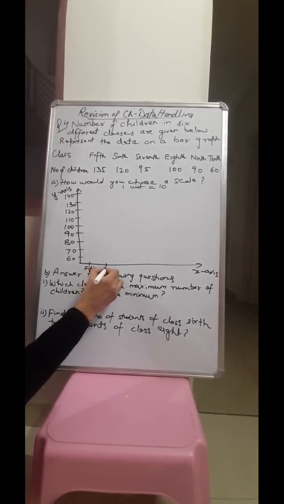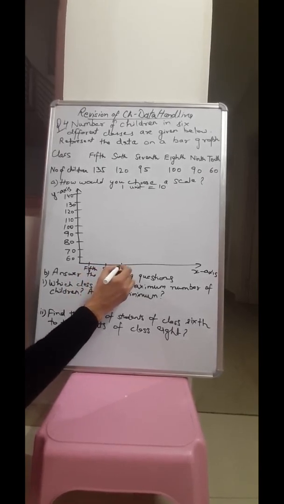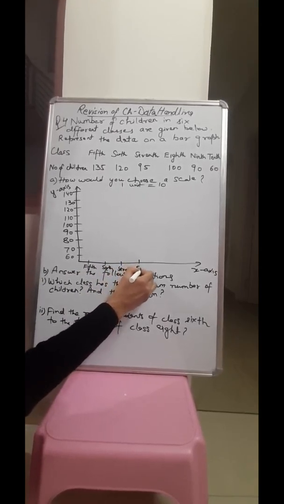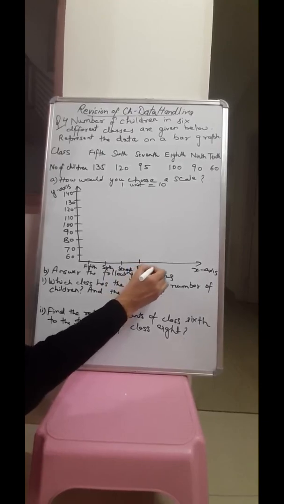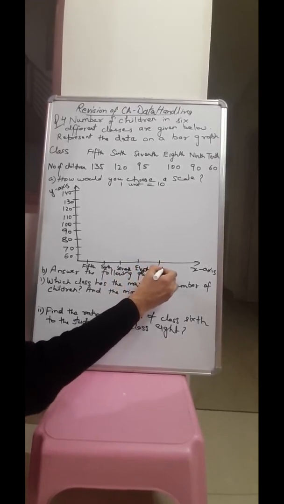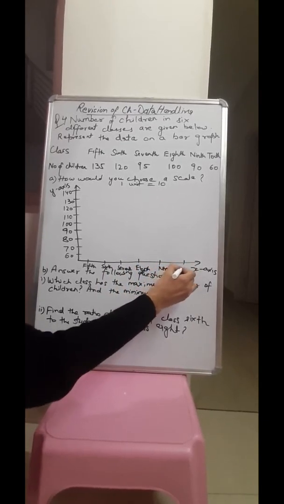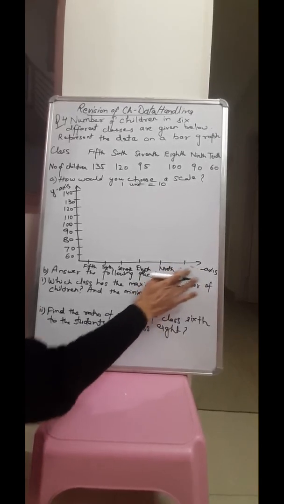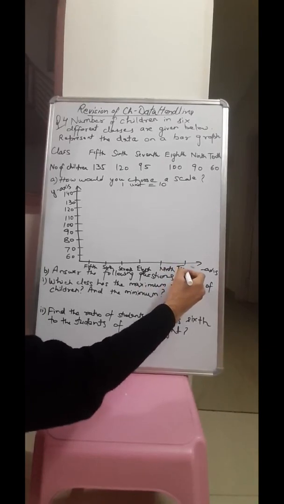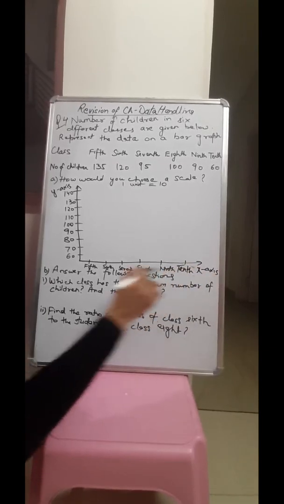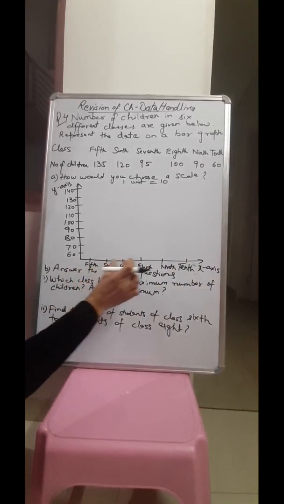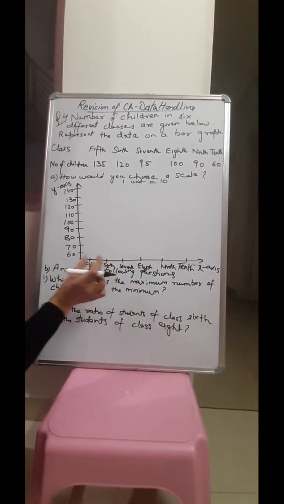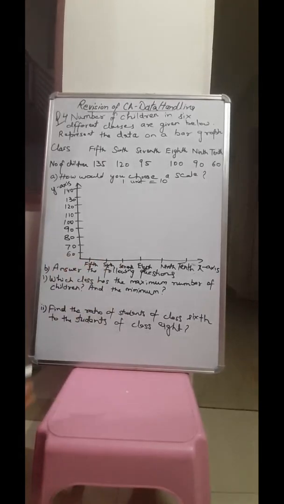Then 6th, then 7th, then 8th, then 9th, and last you are going to take 10th. In this way, on the x-axis, the gap between each class has to be of equal box.